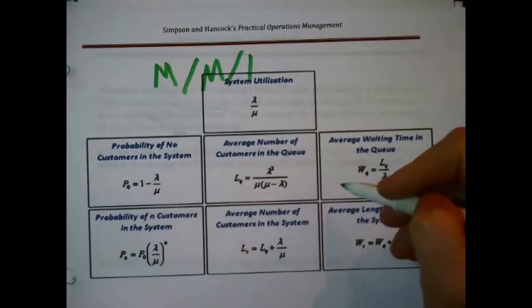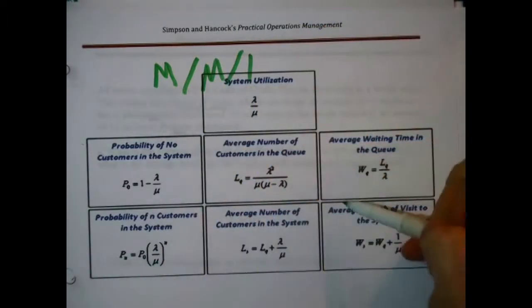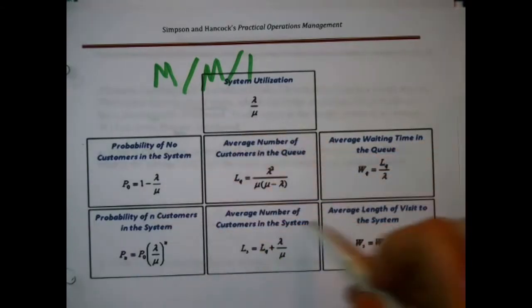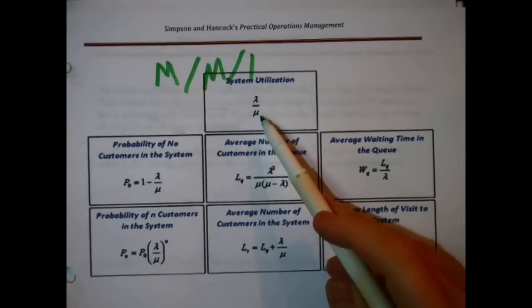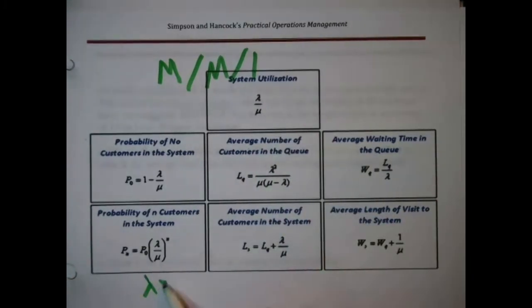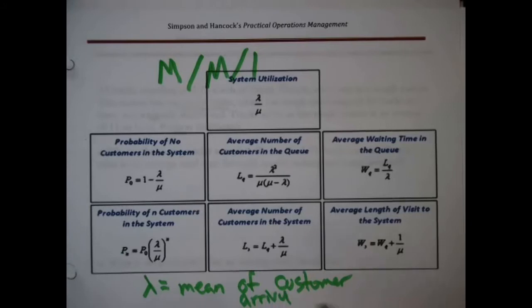M/M/1 model. Now, the M/M/1 model is nothing more than a series of formulas with which you can learn all kinds of things about the truck weigh station, but you need lambda and you need mu. Lambda is the mean of the customer arrival distribution. And lambda was quoted to us.